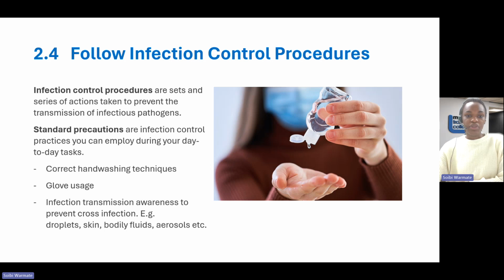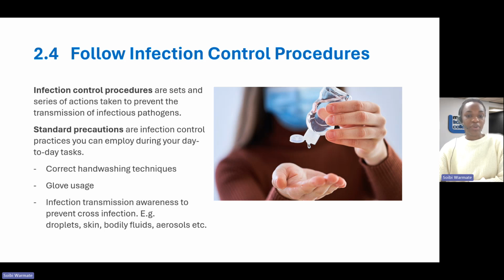Following infection control procedures. Infection control procedures are a set and series of actions taken to prevent the transmission of infectious pathogens. The standard precautions are infection control practices that can be used during day-to-day tasks. These are the correct hand washing techniques, glove usage, and infection transmission awareness to prevent cross infections.